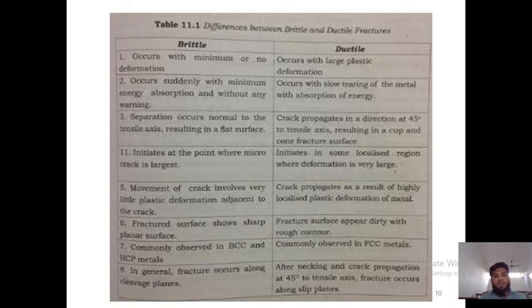Because of that, the surface obtained from ductile fracture will be much rougher and dirty. Brittle fracture is commonly observed in BCC and HCP, that is hexagonally closely packed metals, whereas ductile is commonly observed in face centered cubic structure. In general, brittle fracture occurs along the cleavage planes, whereas ductile occurs at 45 degrees to the tensile axis. Because of this 45 degrees, most of the time in ductile fracture, cup and cone will be formed.